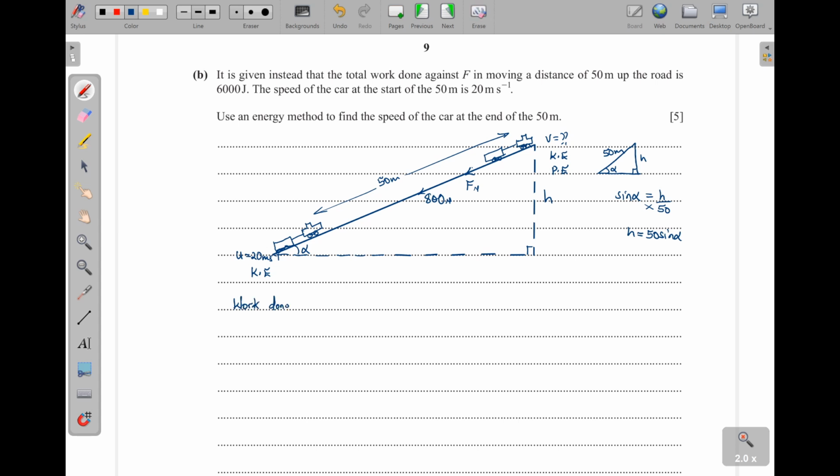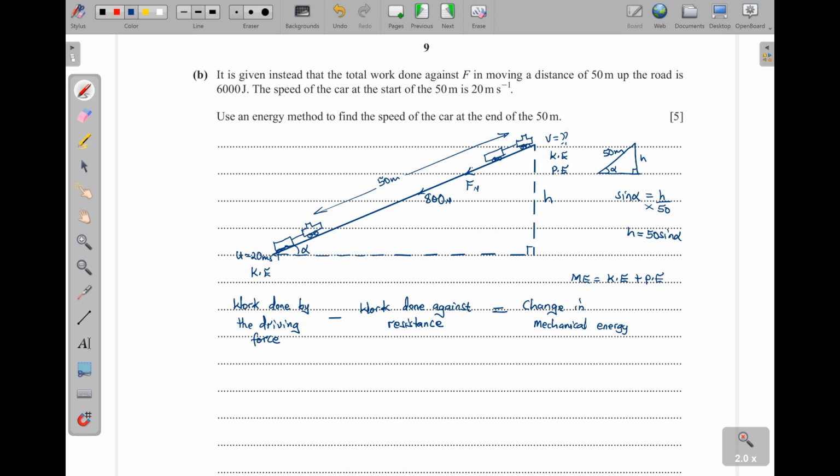Work done by the driving force minus work done against resistance is equal to change in mechanical energy. And mechanical energy is equal to kinetic energy plus the potential energy.